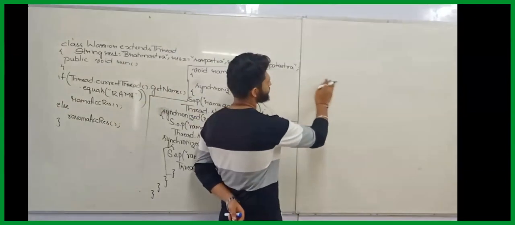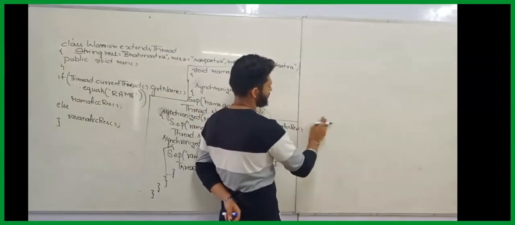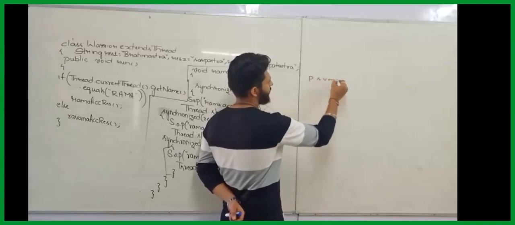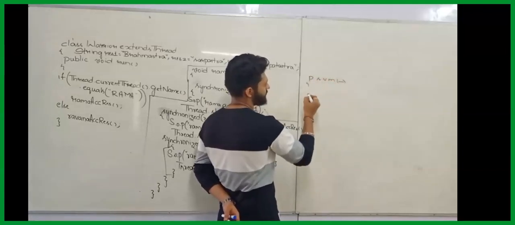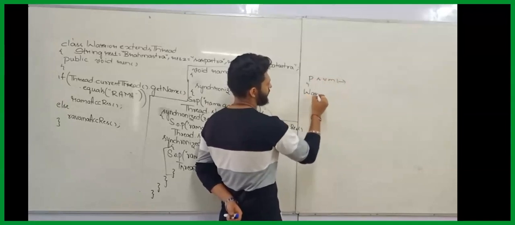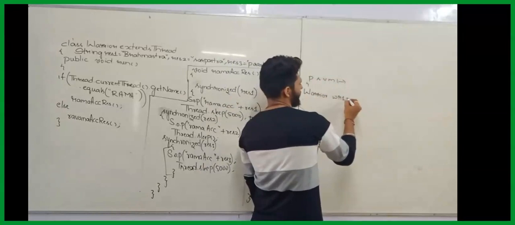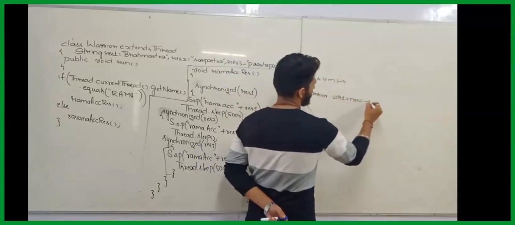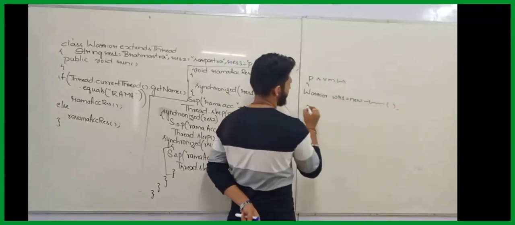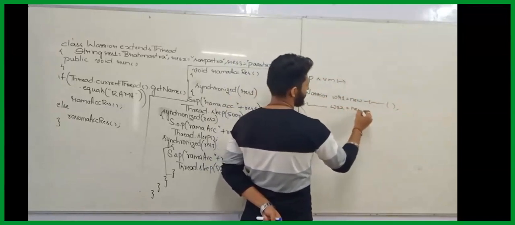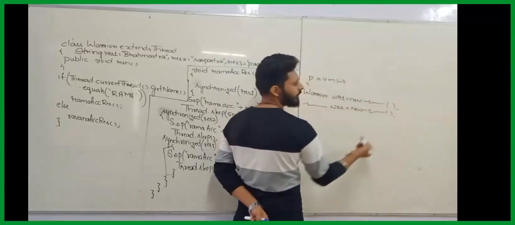Here, assume that public static void main. Inside this, what will I do? Warrior object, how many times will I create? New. And then WR2 equals new.